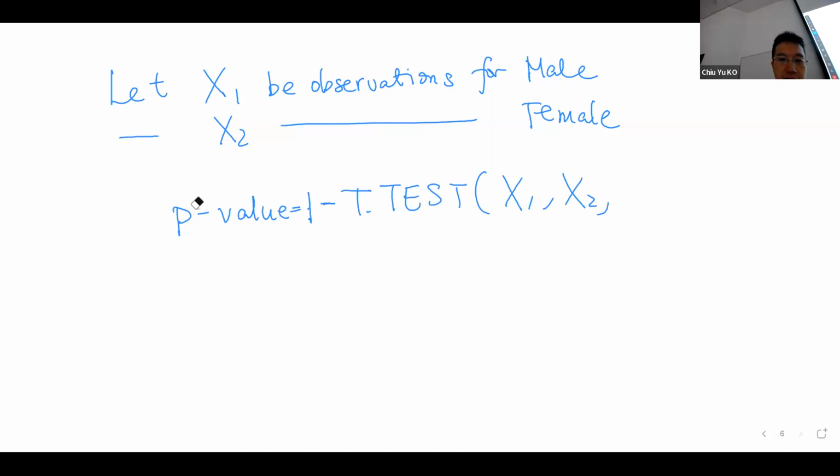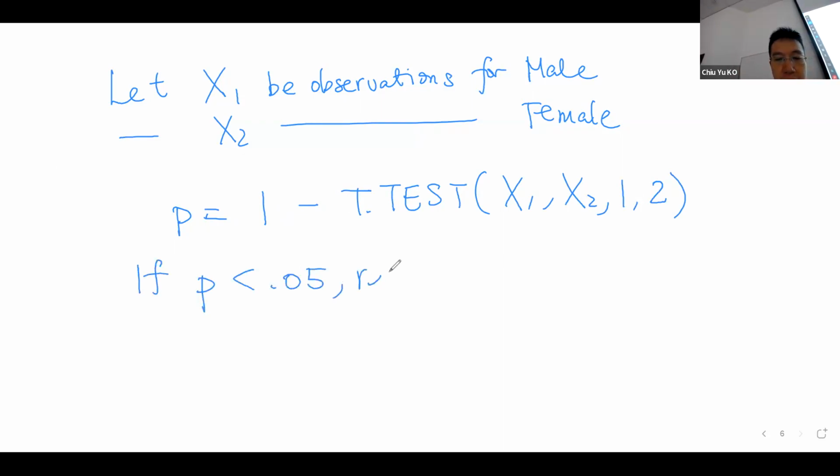Let me check the formula here. It's 1 and 2. And if P is less than 0.05, then reject H null at 5% significance.